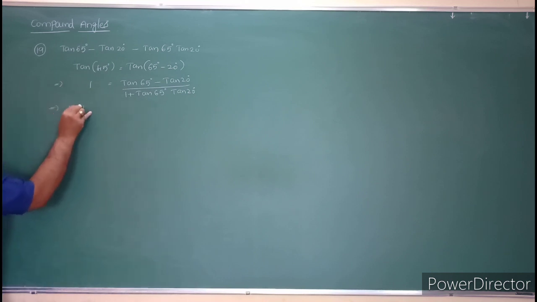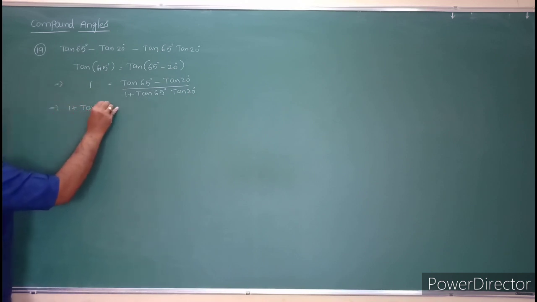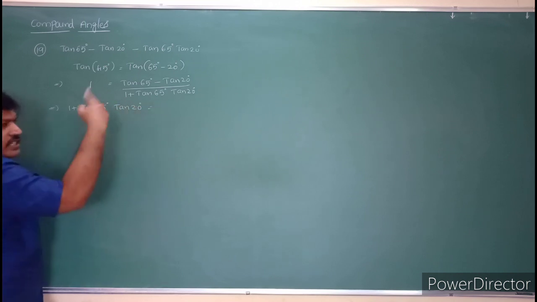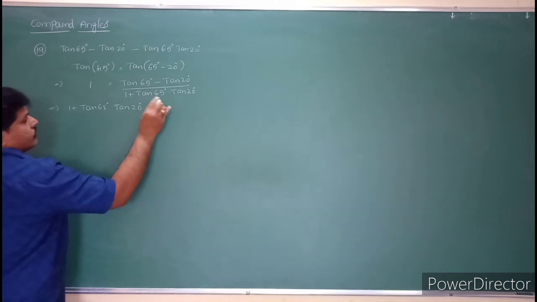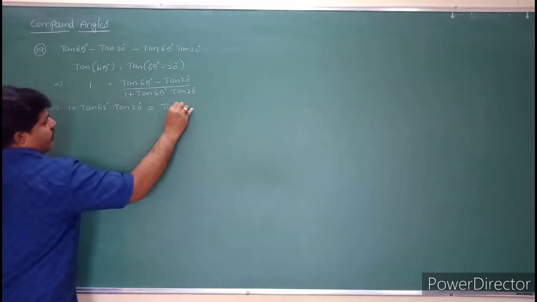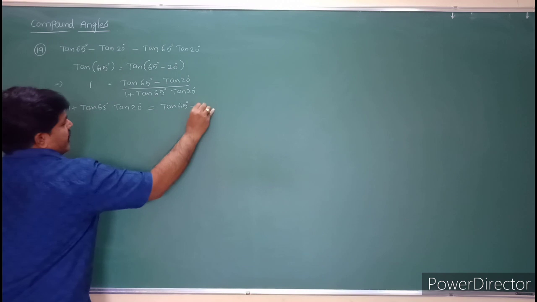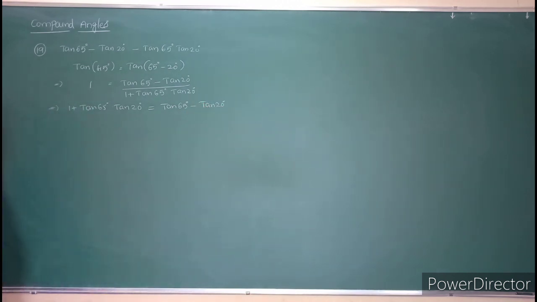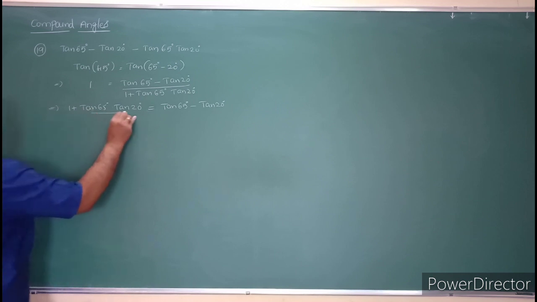It will become 1 plus tan 65 degrees into tan 20 degrees is equal to tan 65 minus tan 20 degrees.